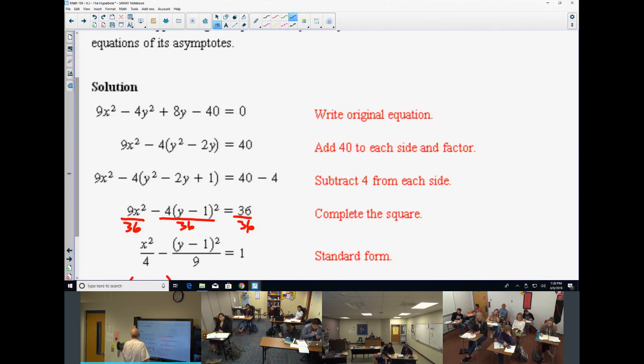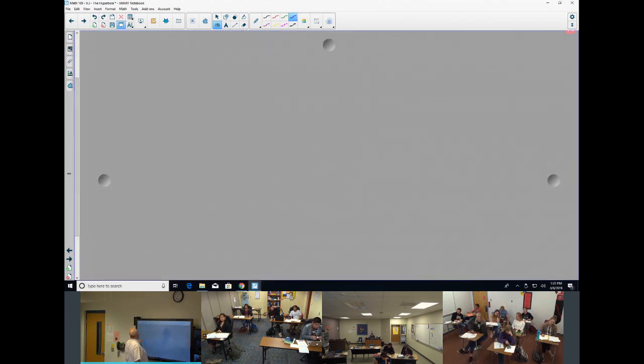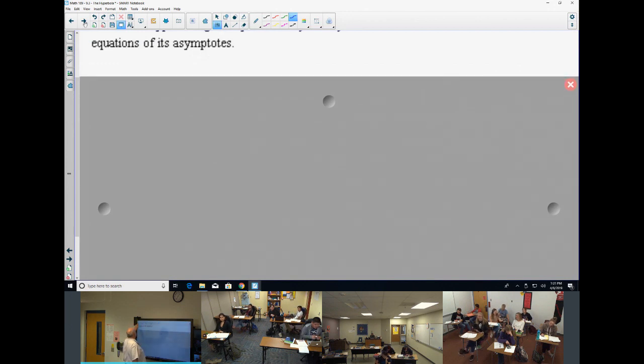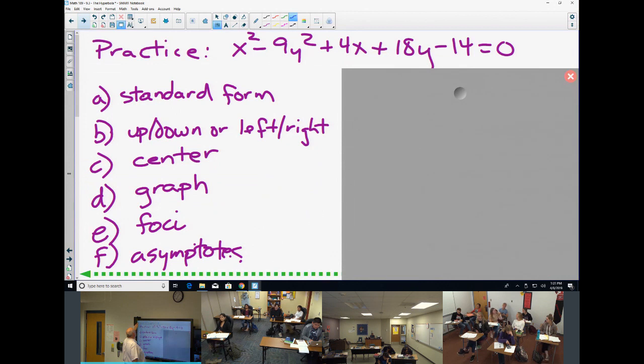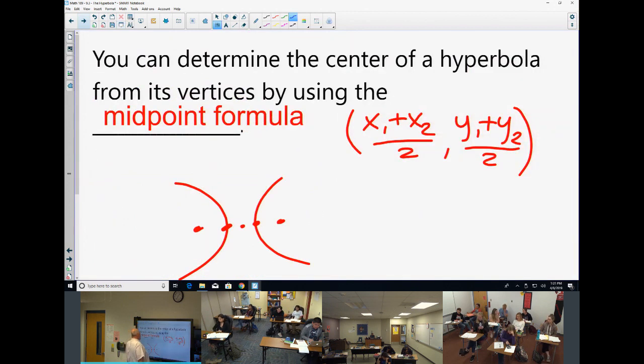Okay, so you can determine the center of a hyperbola from its vertices by using the midpoint formula.